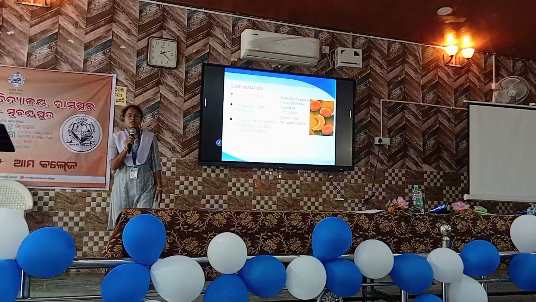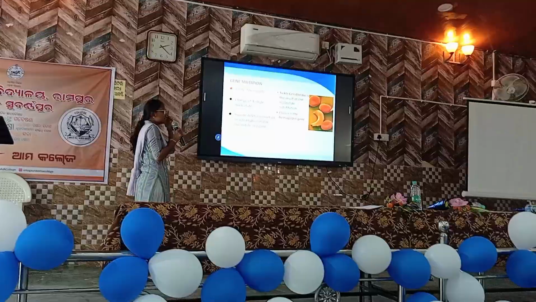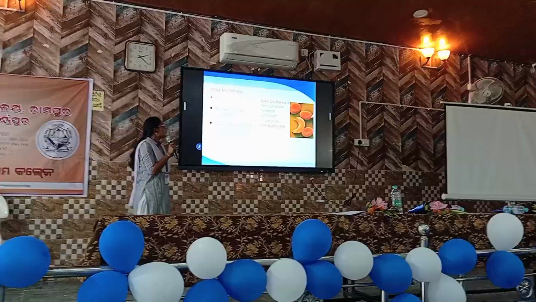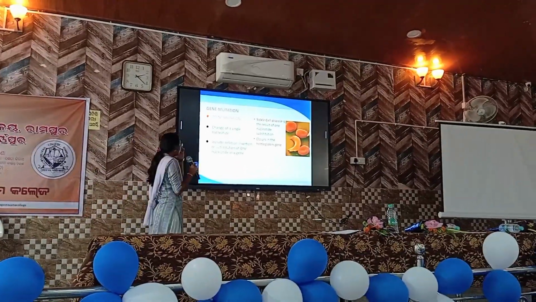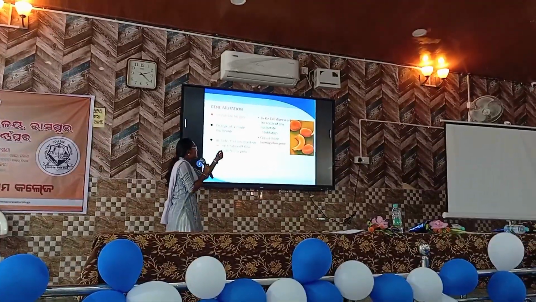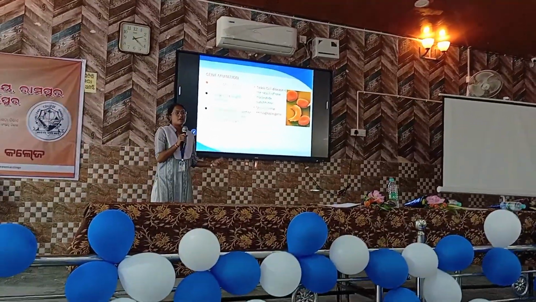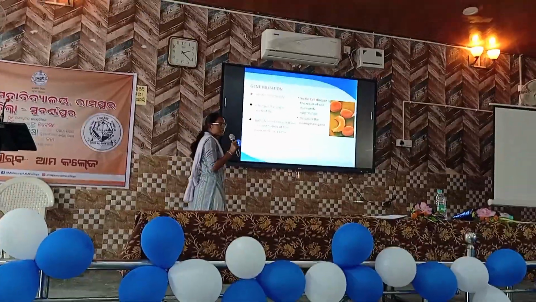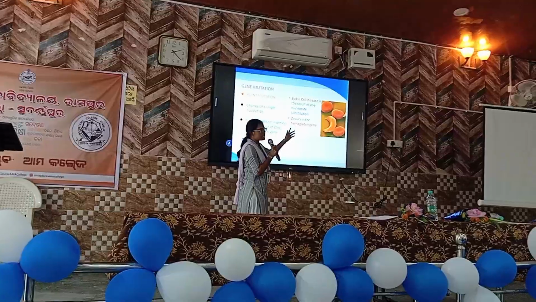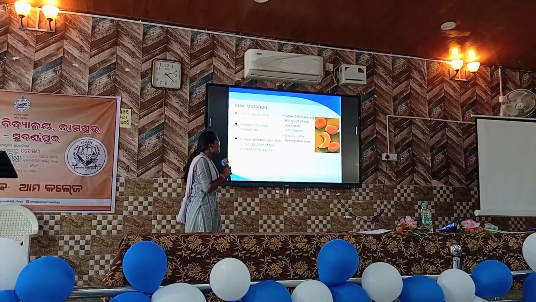Now we will discuss gene mutation. First one is point mutation. How a single change in a nucleotide leads to mutation. Point mutation can be due to the deletion of a single nucleotide, insertion of a nucleotide, or substitution of a nucleotide. One of the major examples that everybody talks about is sickle cell anemia, which is an example of point mutation.